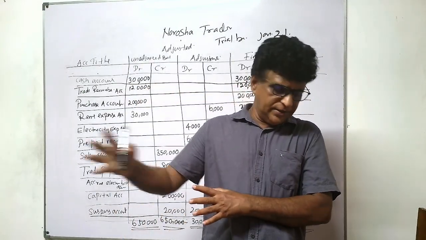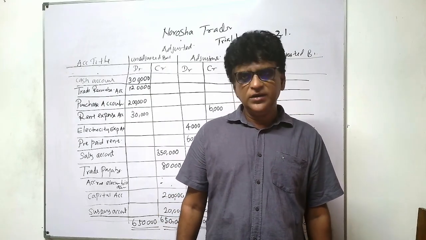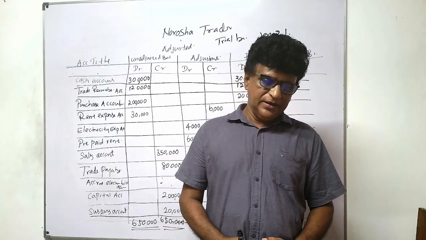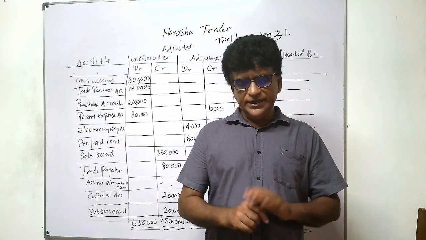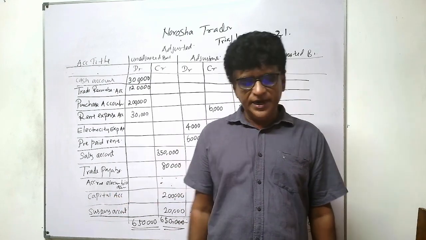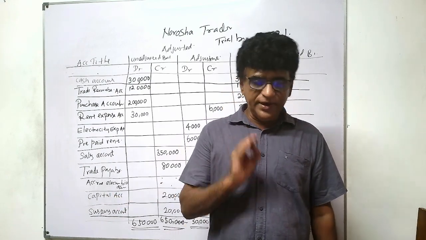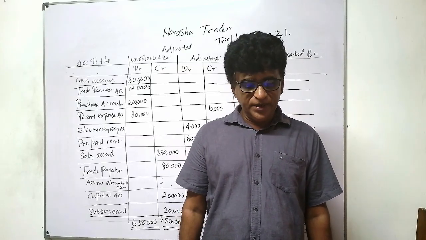All next financial statements like the profit and loss account, the balance sheet and the financial health statement are based on this trial balance. Preparation of an accurate adjusted trial balance is a must in accounting, right?